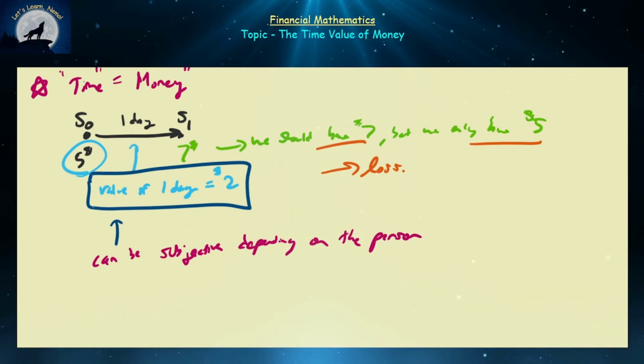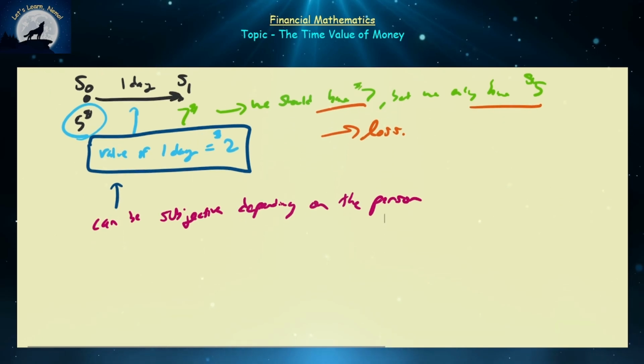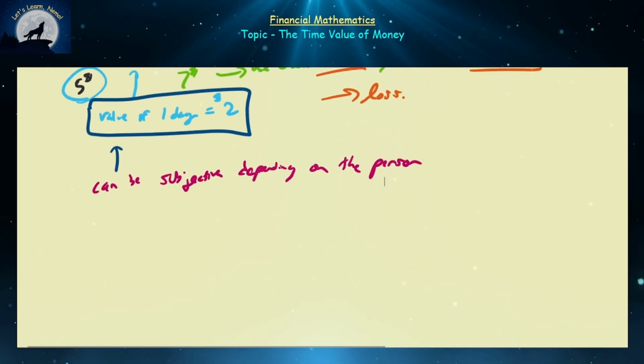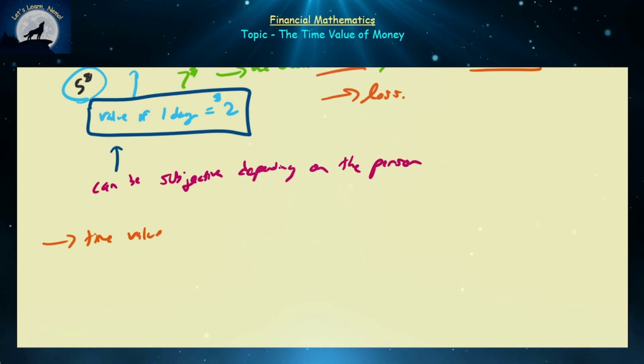So if it's subjective dependent on the person, well, how will you decide how much money you will pay a person? Because everybody is going to view time in a different way. So what we usually do, and this is just one solution, it's maybe not the best solution, but it's one way to solve this problem, is we can take time value and define it in terms of what we call interest.